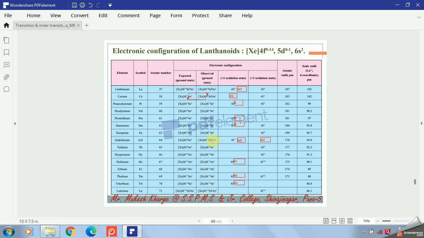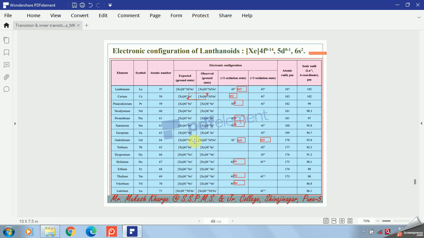Okay. Then gadolinium, Gd, 64 is the atomic number. Our expectation is xenon 4f8 6s2.